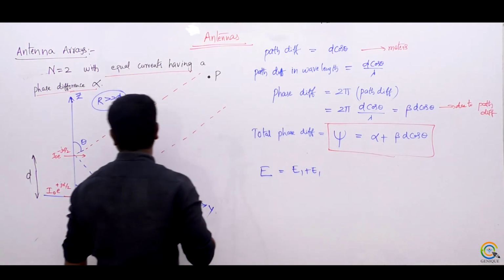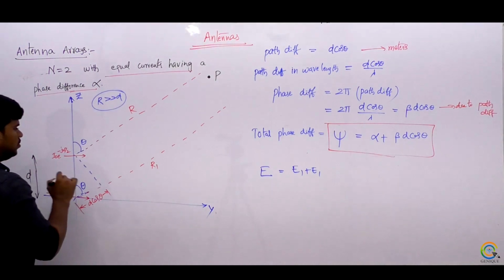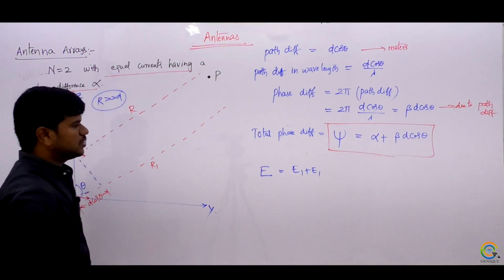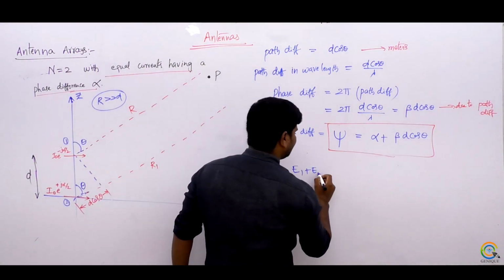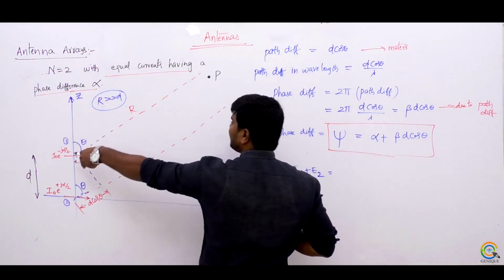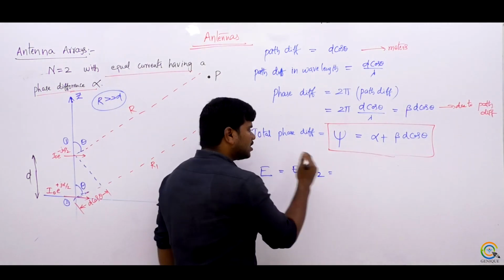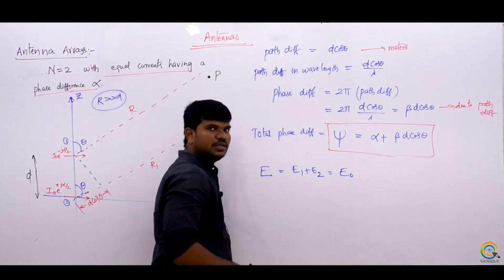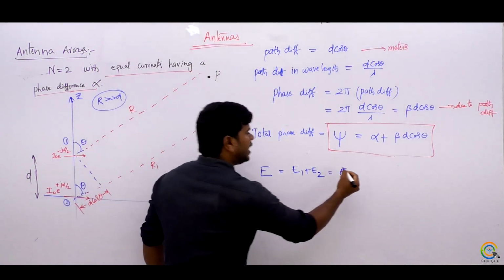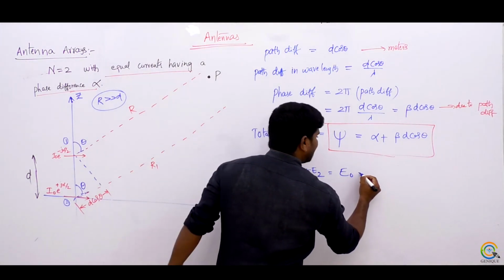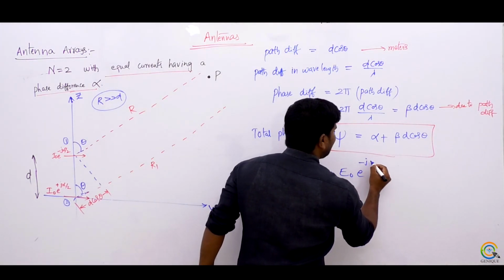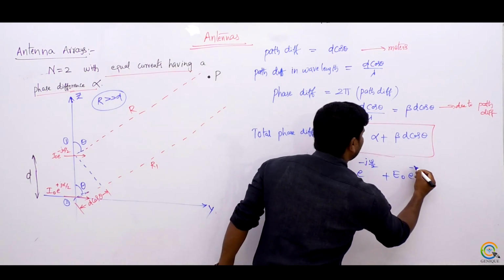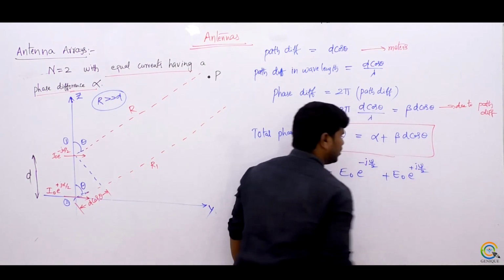Let us suppose this is element 1 and element 2. Because these have an equal amount of currents, the field produced will be E0, equal field intensities. So we get E naught e power minus j psi by 2 plus E naught e power plus j psi by 2.